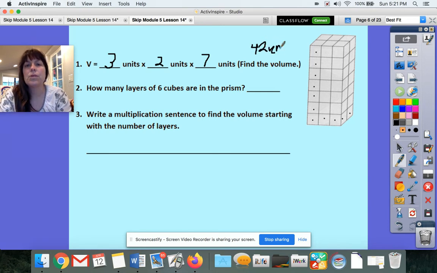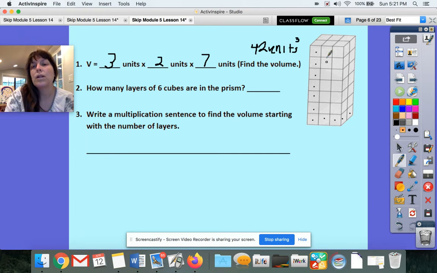So 42 units, you could either write the word cubed or you could use the exponent to the 3rd power. How many layers of 6 cubes are in the prism? So now you have to look at this and think about which layer has 6 cubes. I see on the top face 1, 2, 3, 4, 5, 6. Boom, there it is.